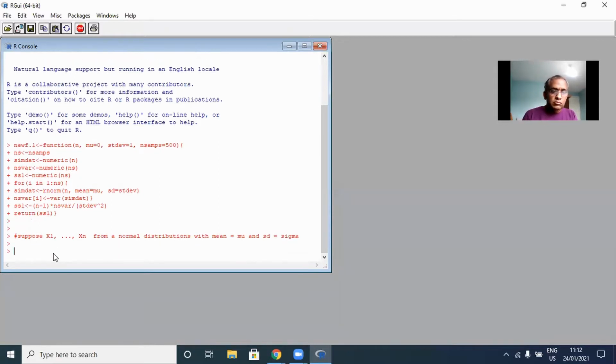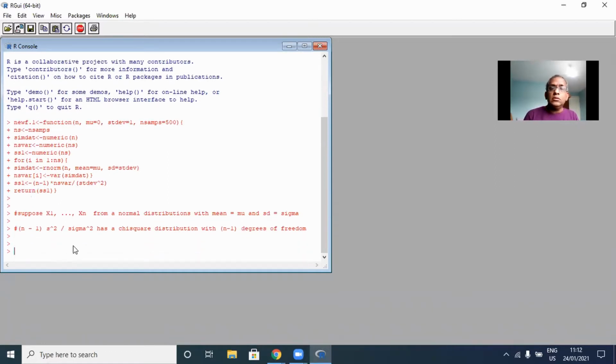One of the things we learned in the course, especially if you had looked at the video on chi-square distribution, is that under this assumption, n minus 1 times s squared, where s squared is the sample variance, divided by sigma squared, has a chi-square distribution with n minus 1 degrees of freedom. This is one of the results I talked about on the video on chi-square distribution.